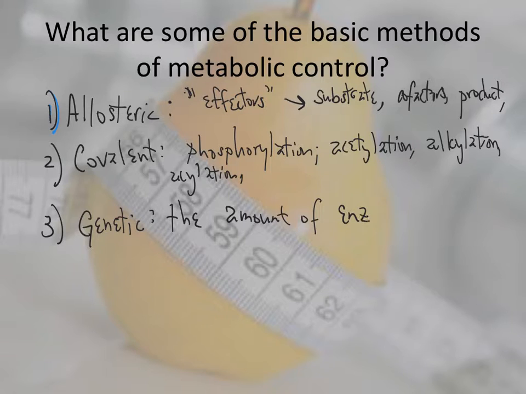Many times this is not a fast fix, right? Because if you think about it, maybe you have to go all the way in and affect the nucleus in order to turn on transcription, which then has to go on for translation, which makes the protein, and maybe the protein has to be post-modified, so sometimes these are more long-term than others, but it is a way to control metabolic control.